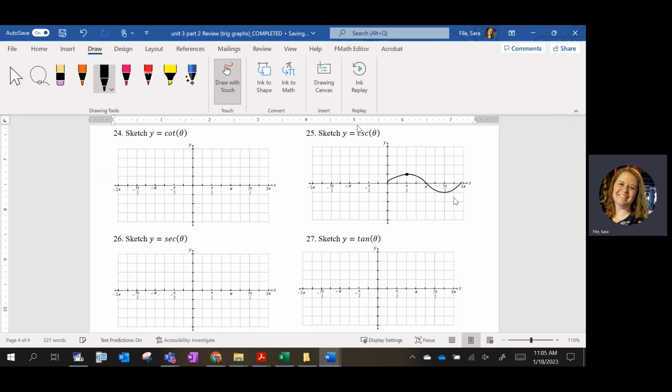I'm still going to have the maximum and minimum points, but the curve is going to open away from each other, rather than toward each other. Where they used to meet for sine, these are never going to meet. In between these are asymptotes. All those places where sine touched the x-axis, those are asymptotes.